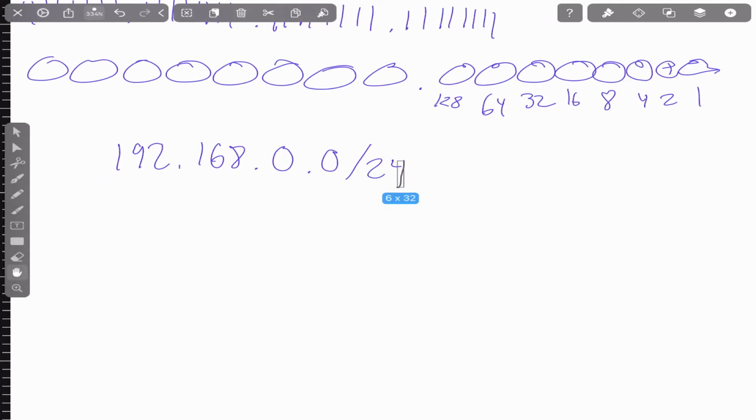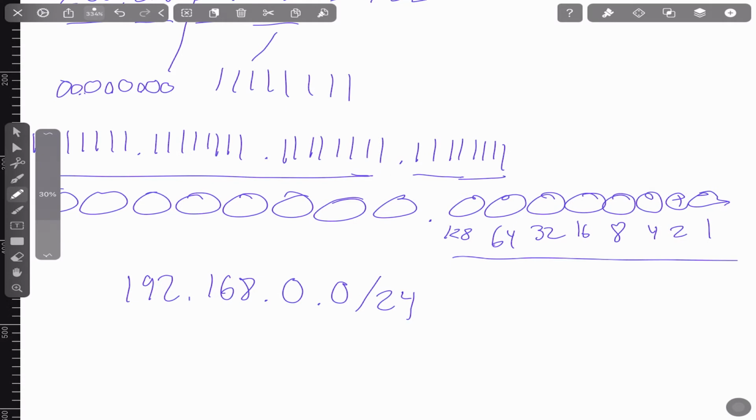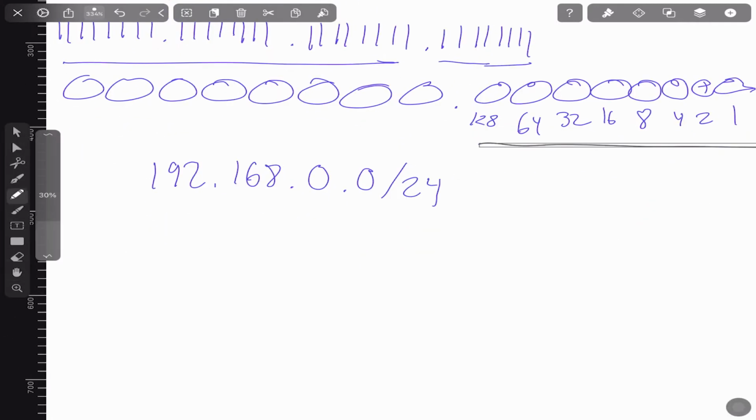A /24 means we're allowed to use only this portion. Why? Because that means this portion is used, so actually you're only allowed to use this part. So the /24 actually is 255.255.255.0.